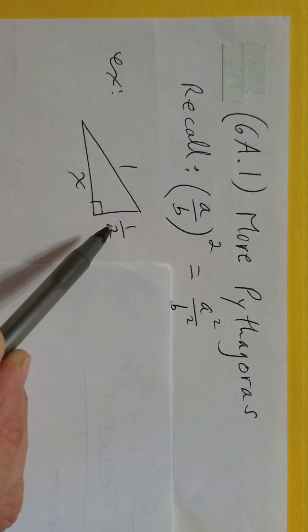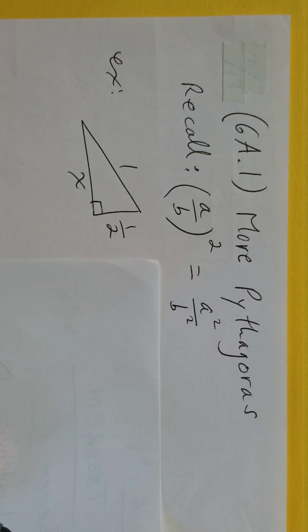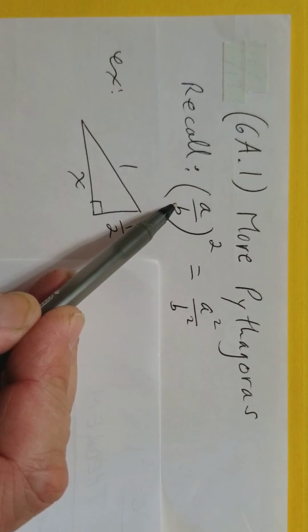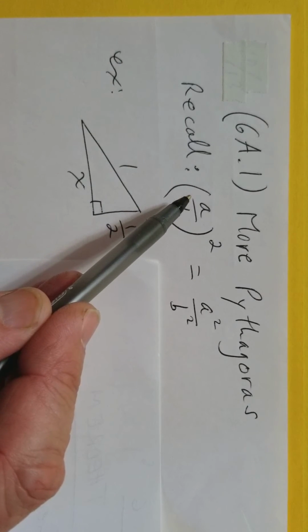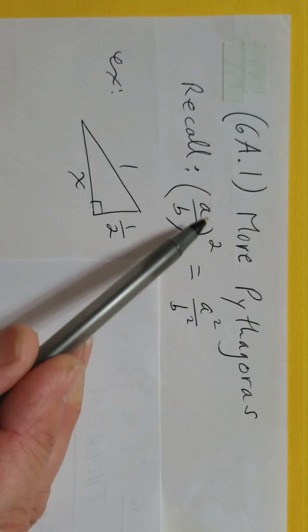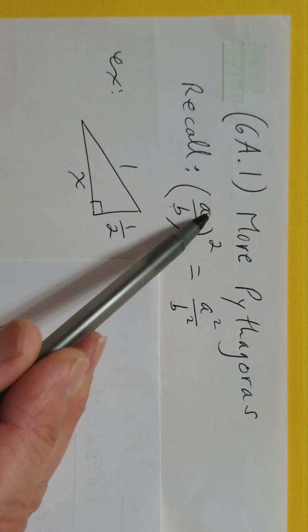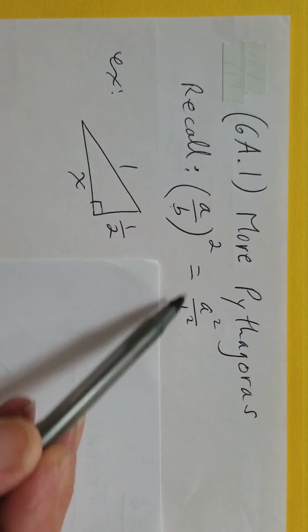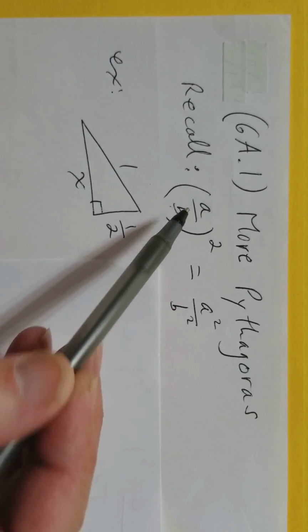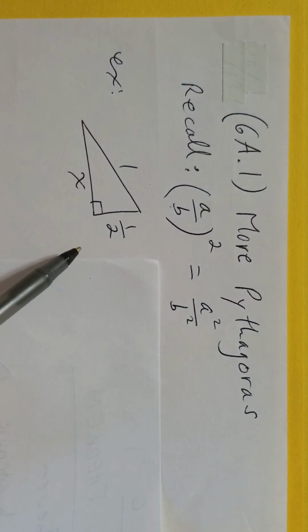Well, remember we have to square it, so do you know how to square a fraction? Going back to chapter 5, squaring a fraction means squaring top and bottom. So a over b squared means a squared over b squared. You square both parts.